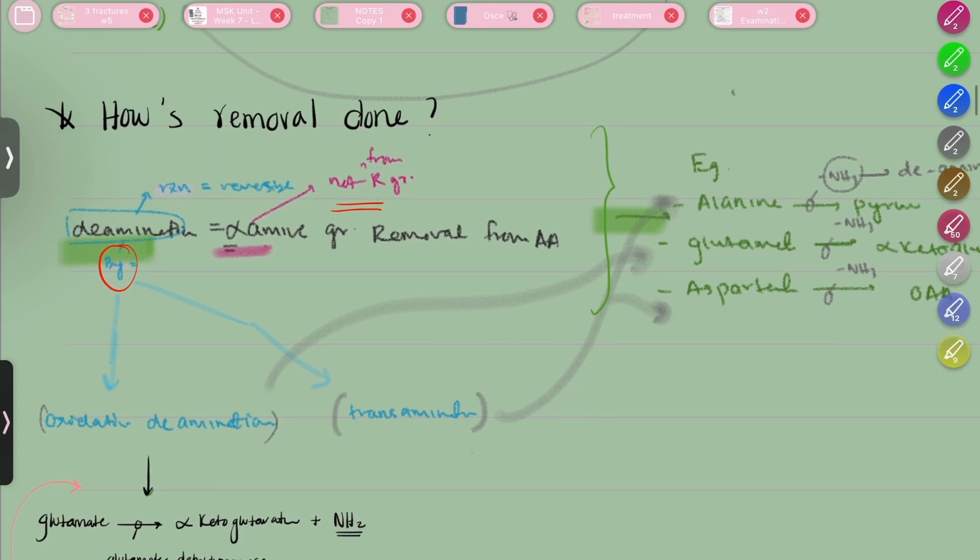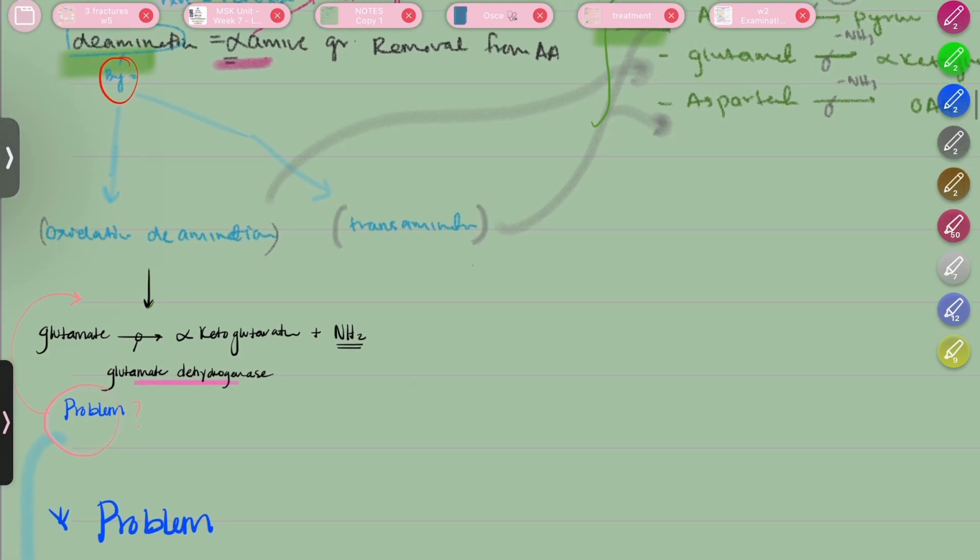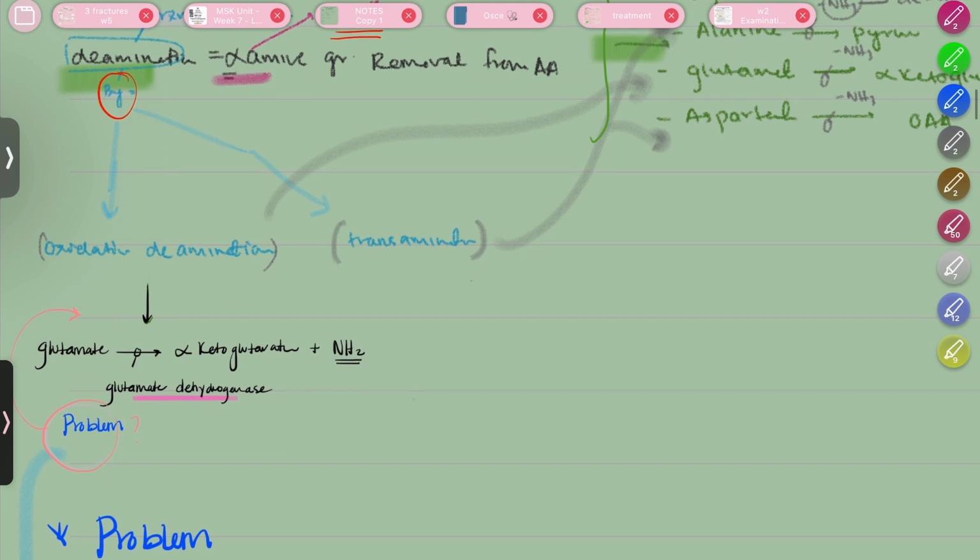Deamination can be done by either of two processes, depending on the amino acid we're dealing with: oxidative deamination and transamination.